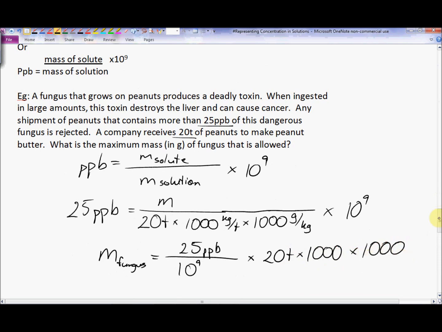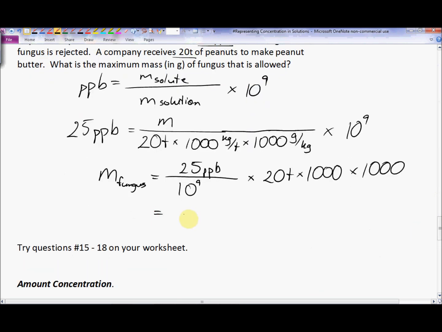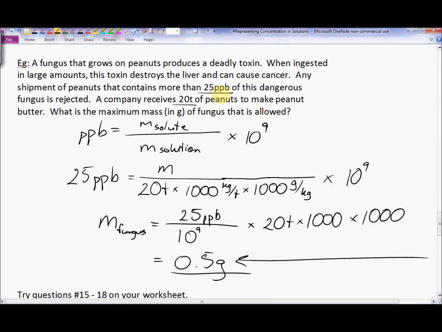And that works out to be 0.5 grams. So any more than 0.5 grams in the 20 tons of peanuts, and we'll have a parts per billion that's over 25, and that won't be acceptable for importing those peanuts.